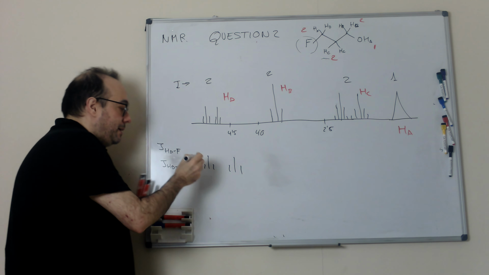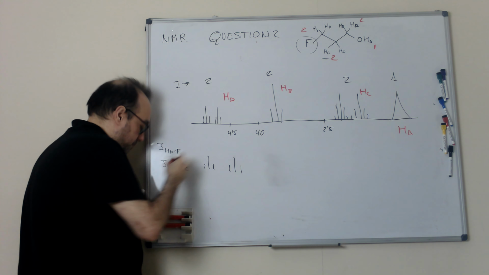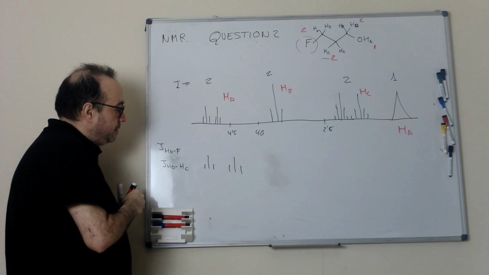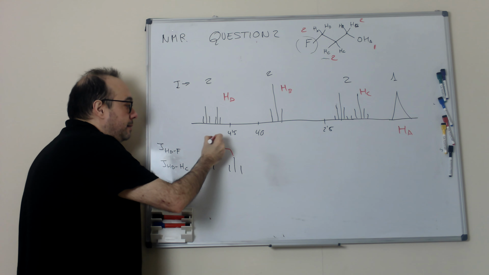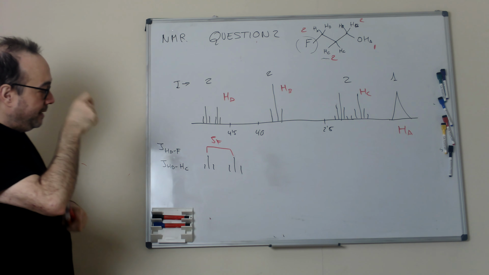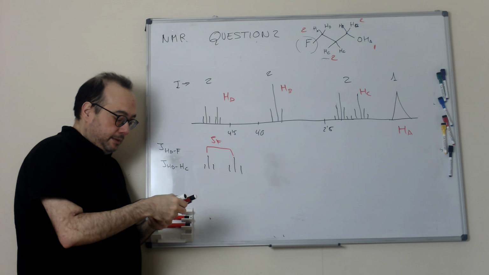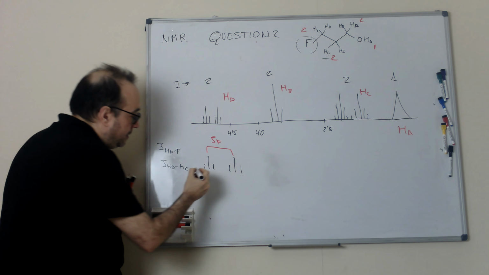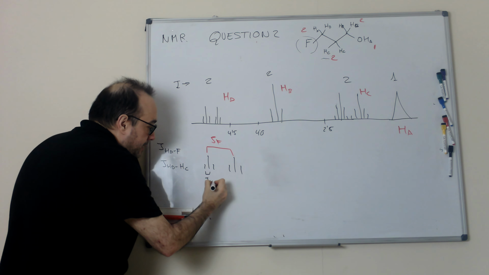The fluorine gives a doublet, so to know the J of that coupling, we take this, which will be the JHF, because it is the coupling of the doublet, while this coupling will be JHdHc.